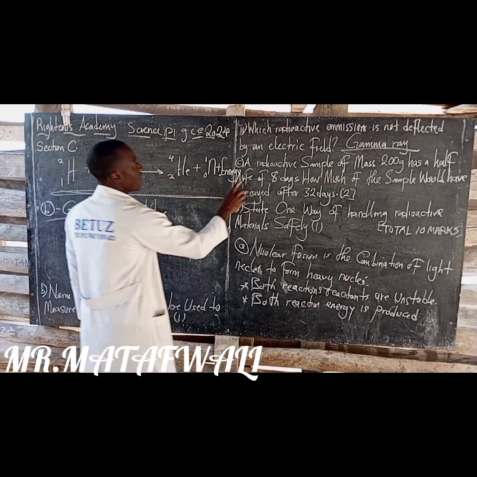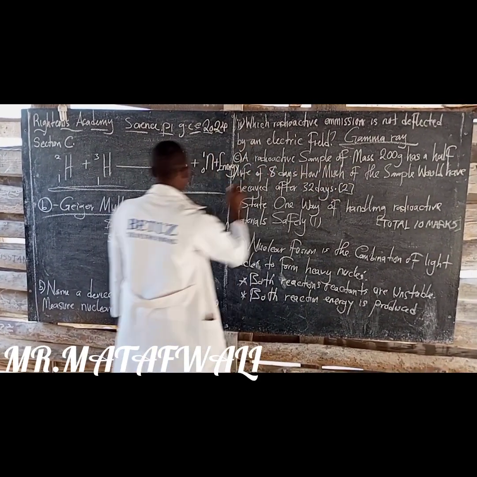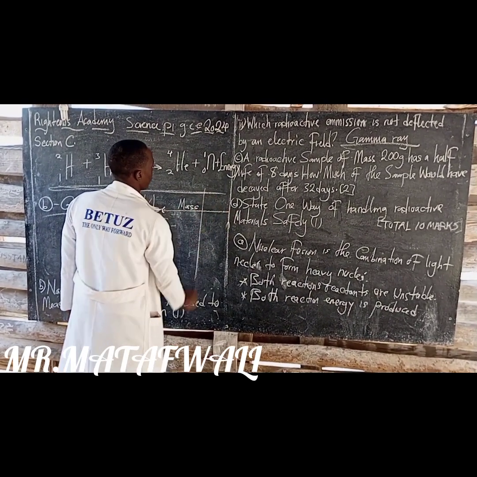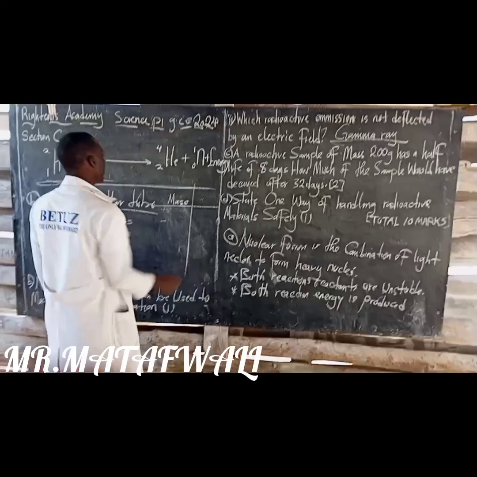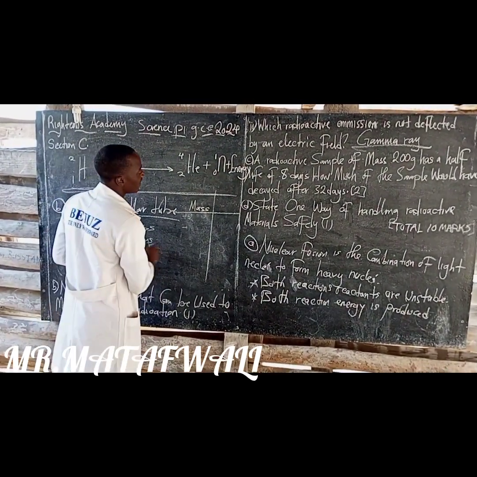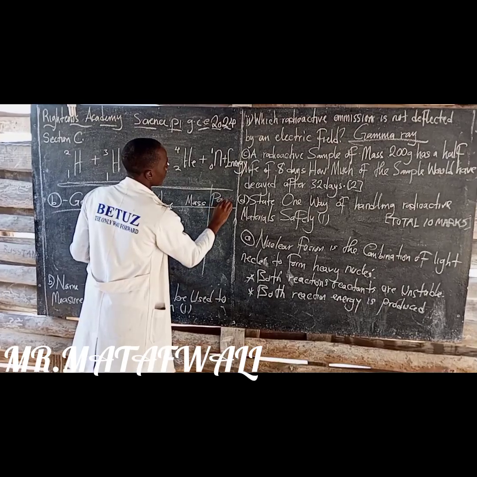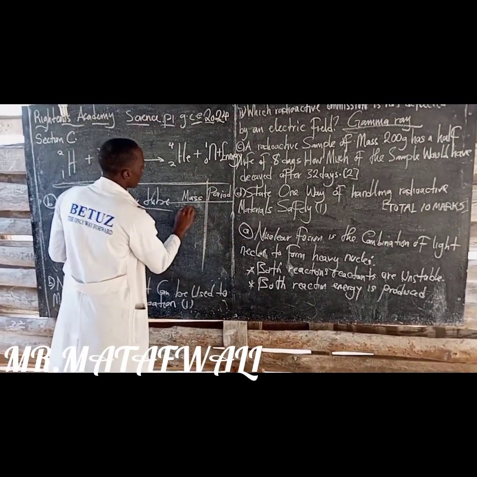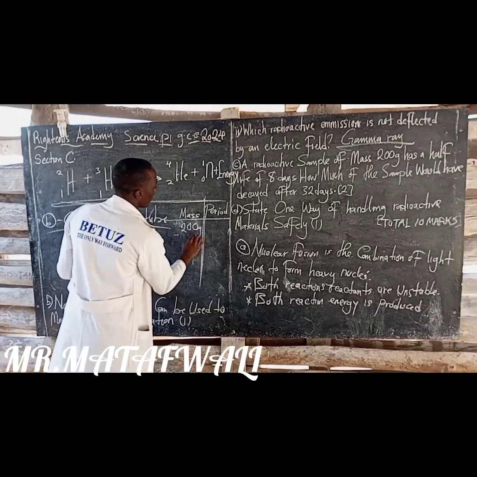So we are told the radioactive sample has a mass of 200 grams. So here we are going to write mass. Then here we are going to write period, since we have days here, meaning the time taken. So mass we have 200 grams.